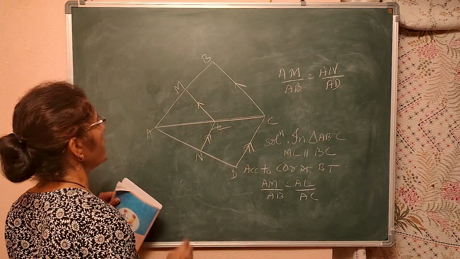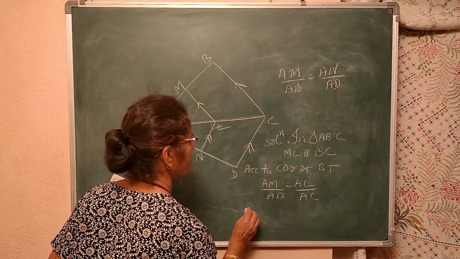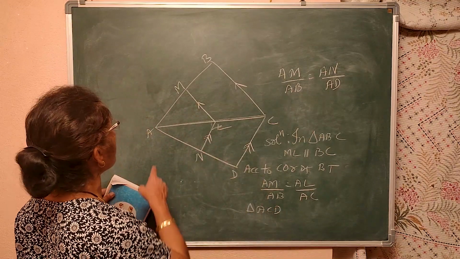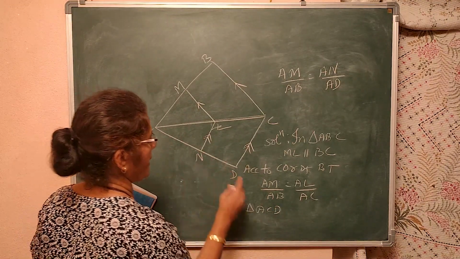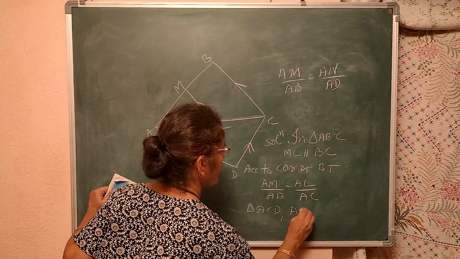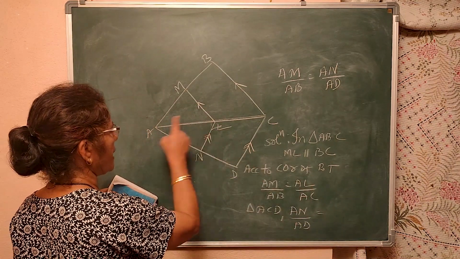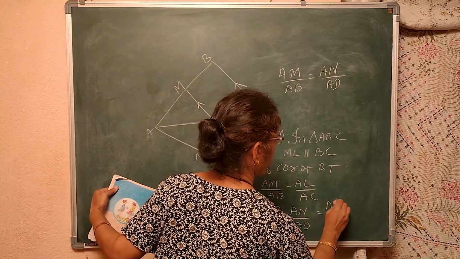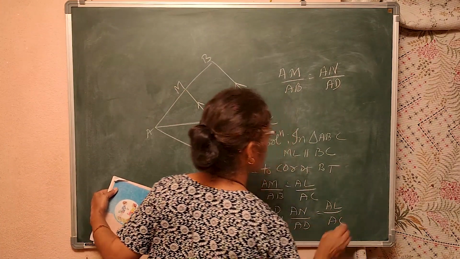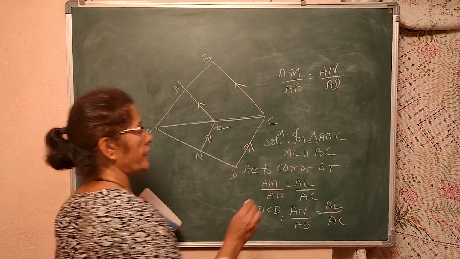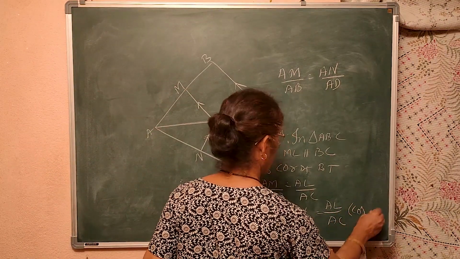Similarly, I can write down in triangle ACD. In triangle ACD, what can I say? AN by AD is equal to AL by AC. Again, whose theorem? Corollary of basic proportionality theorem.